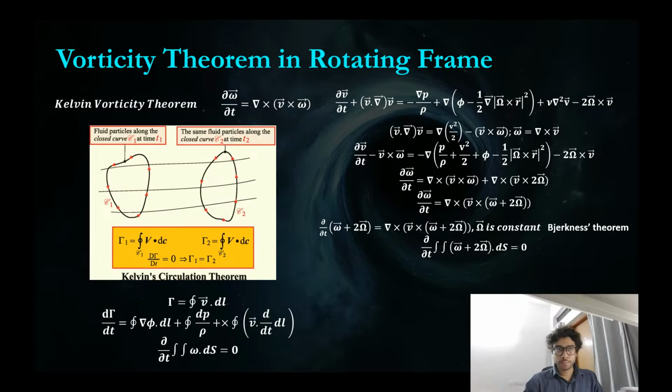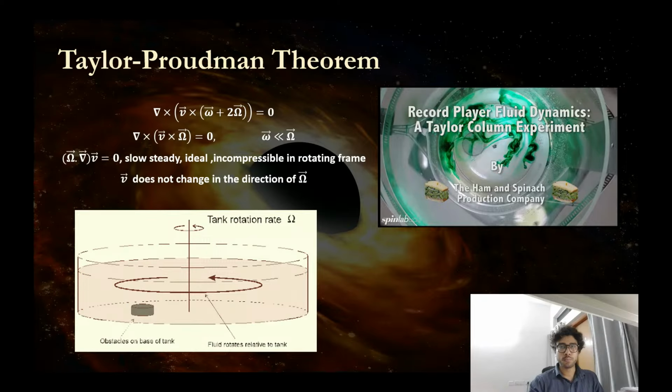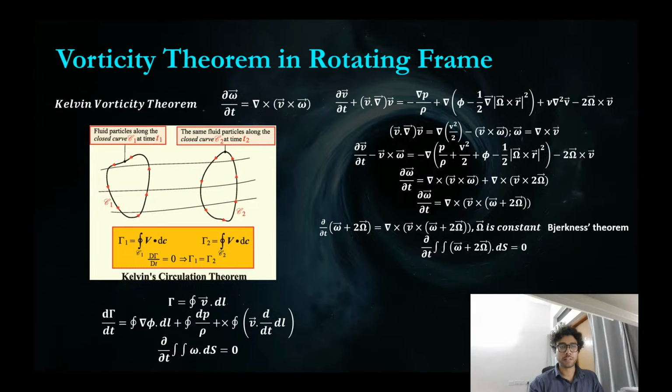Okay, so let's take a quick 5 minutes break. We'll do two more topics today, and these are all related things. One is vorticity in the rotating frame. Earlier we studied Kelvin's circulation theorem and that vorticity is constant.